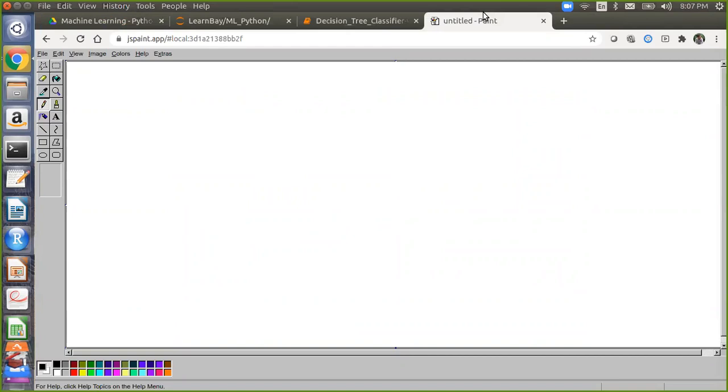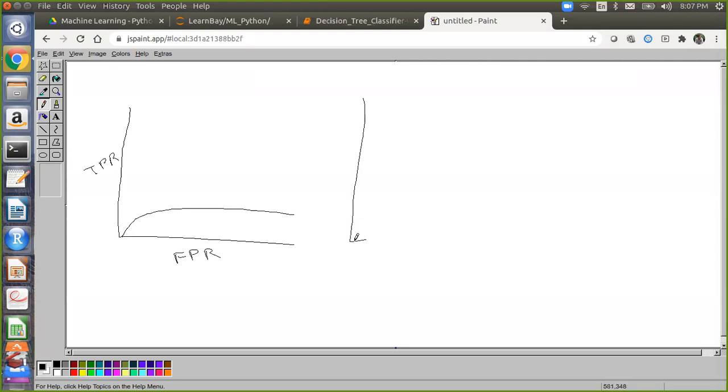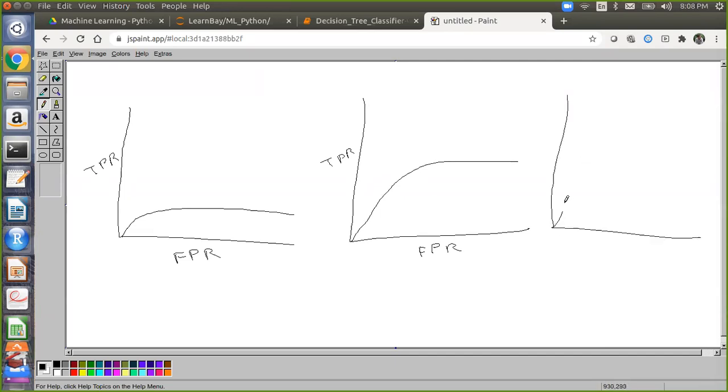So this is our TPR and this is our FPR. This is one graph, and this is again TPR and again FPR. This is another graph, and one more graph I'm plotting.